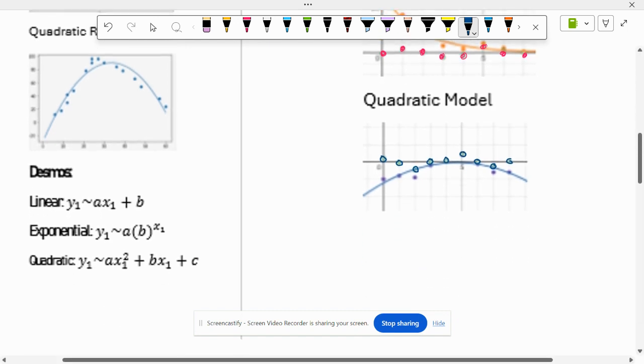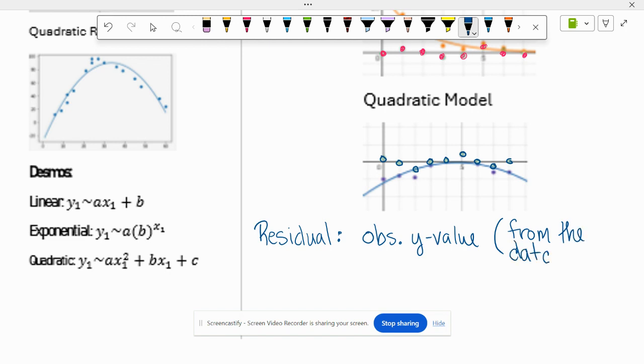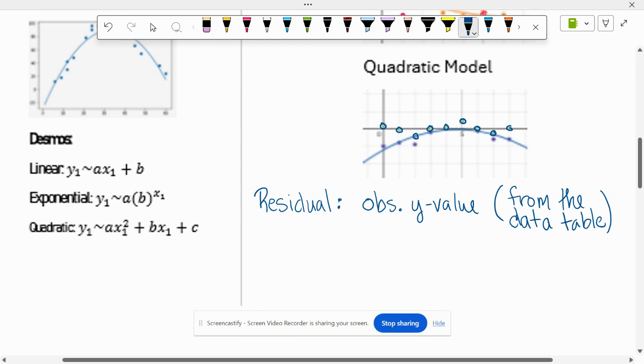So I'm going to write a little note that helps me when I think about residuals. A residual. My observed y value comes from where? Where do I find my observed y value? It comes from the data table. Yeah, it comes right from the table.